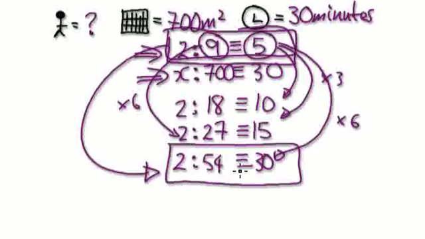Now from here let's get it to one employee. If two employees can paint 54 meters squared in half an hour, now if you change this to a 1, you have a choice of halving the amount of squares painted, or you can double the amount of time. It's up to you. But I want to keep the time the same. So with one employee, I'm going to halve this.